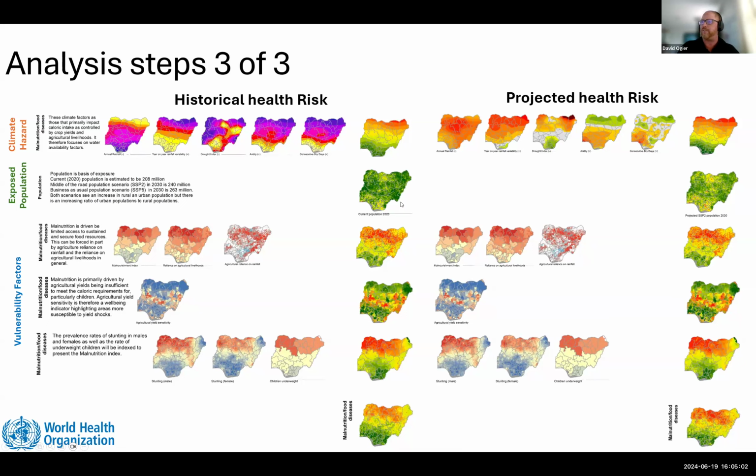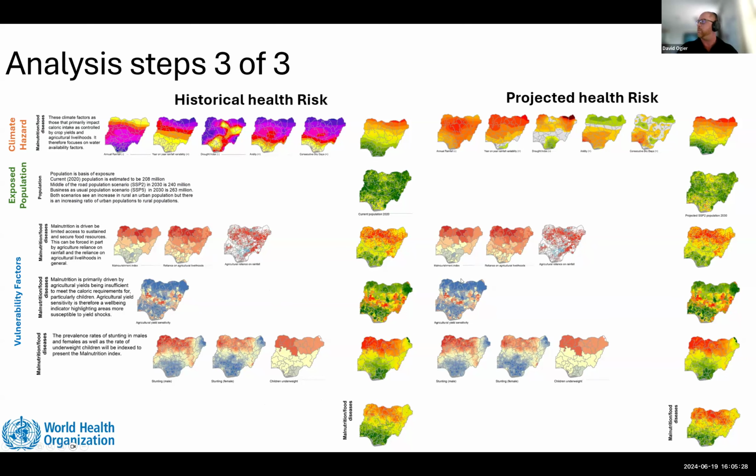The population I have there. Malnutrition based on community is things like reliance on agriculture, as well as irrigation trends, as well as agricultural yield sensitivity. And then some of the diseases noted were either stunting or children underweight. And these all created these indices in the center here.